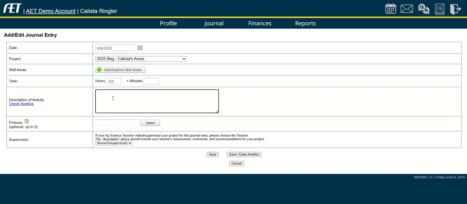Description of activity: this is for land, so I'm going to say that I spent time clearing trees, rocks, and working Johnson's Corner, which is what I'm calling this imaginary piece of land, of 10 acres.